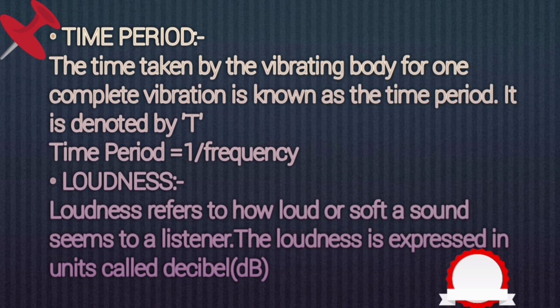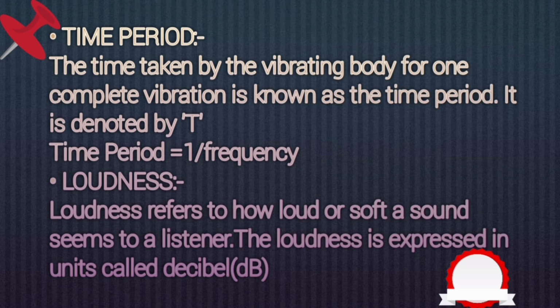Time period is the time taken by the vibrating body for one complete vibration. When a vibrating body oscillates, the time taken by it to complete one oscillation or one vibration is known as time period. Time period is denoted by T. Time period is equal to 1 upon frequency.